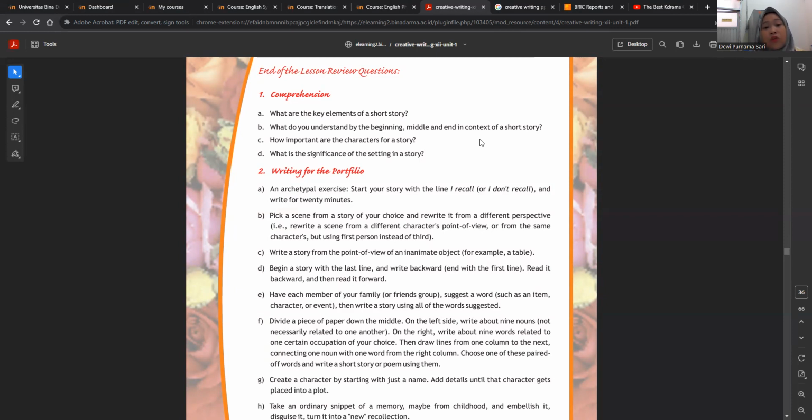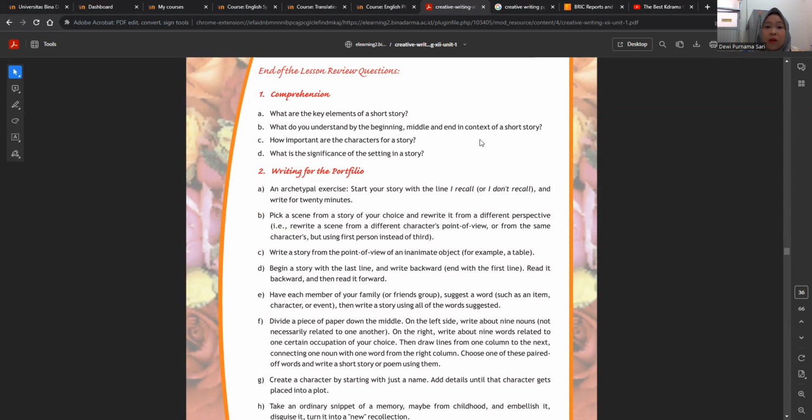For example, you rewrite a scene from a different character's point of view or from the same character but using first person instead of third. Okay, so sometimes if you read a novel, for example, you will see the main character, the second lead character. Yeah, if you like watching Korean drama, for example, then you write it again by using your perspective.